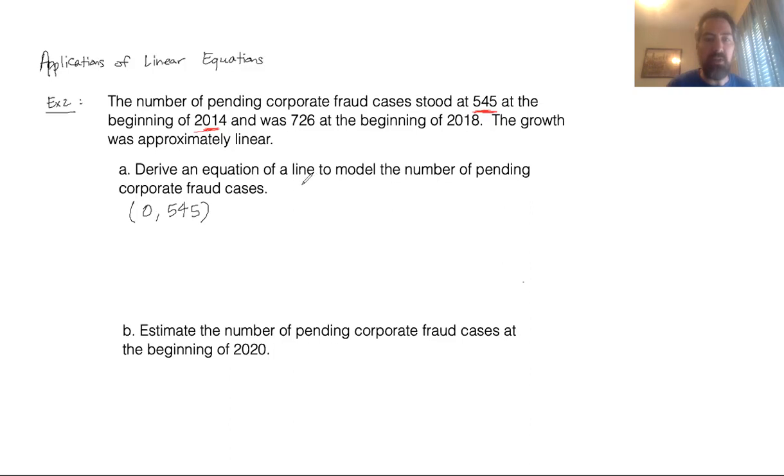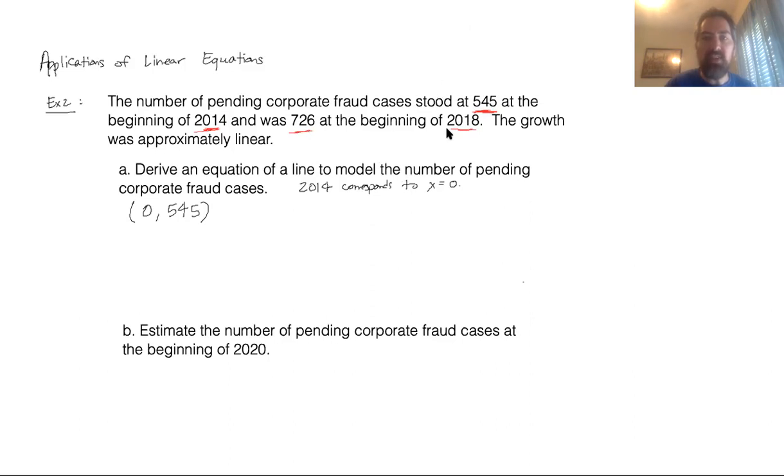Let me make a note here. So 2014 corresponds to X equals 0. Right, and so that means 2015 would correspond to X equal 1, 2016 it would be X equal 2, so on. Okay, and I'm also given that at the beginning of 2018, the number of cases was 726.